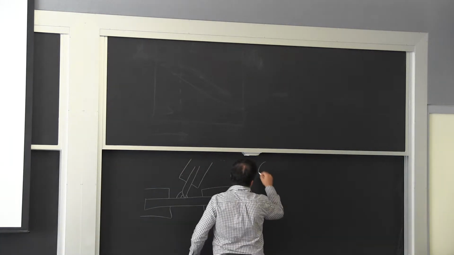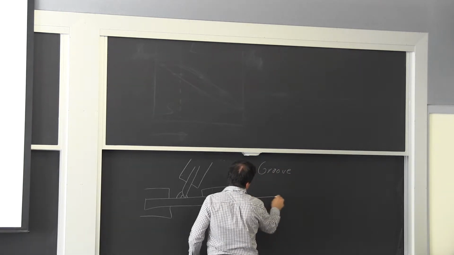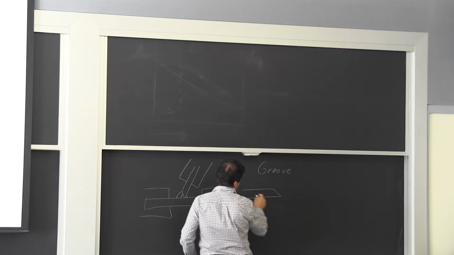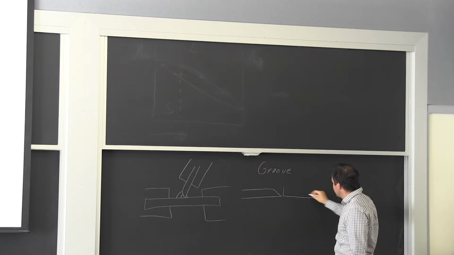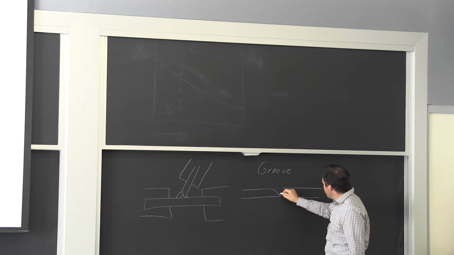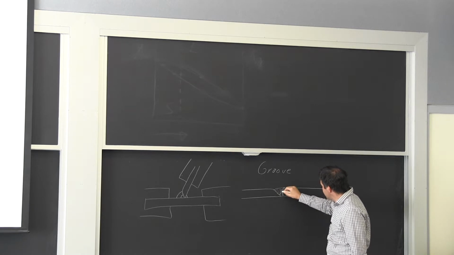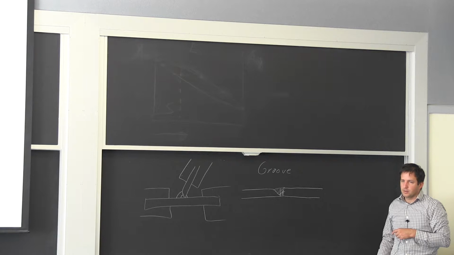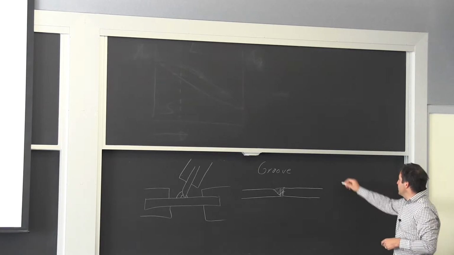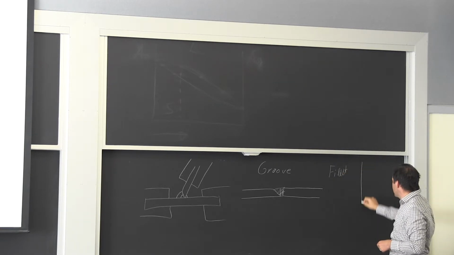So a groove weld on a flat is essentially, I take a piece with an angle, I leave some room for my material. Say I'm just going to do one side here. When I come and weld, I'm filling all the space, so this is all solid. So geometrically, I don't have a stress concentration. On a fillet weld, the main difference is that most of the time I am going to have one member coming one way.